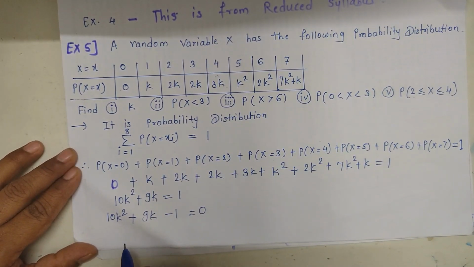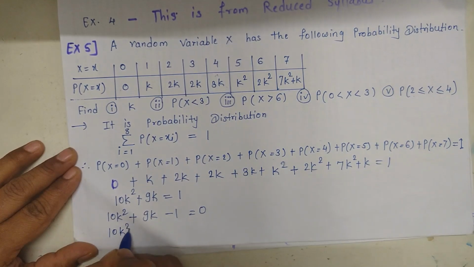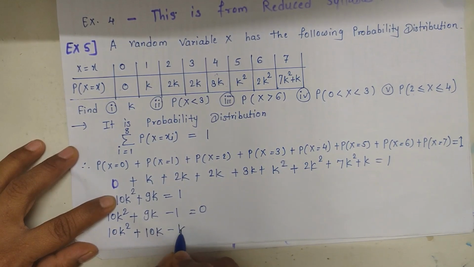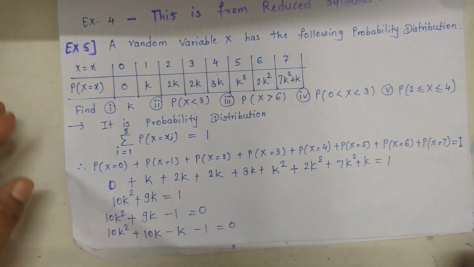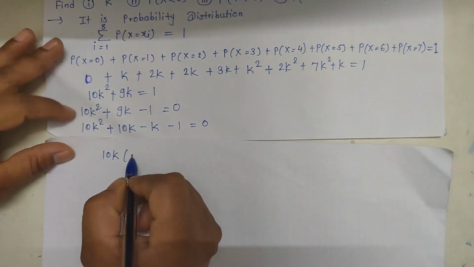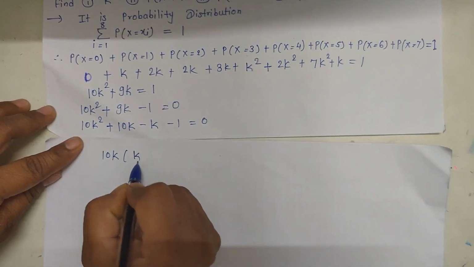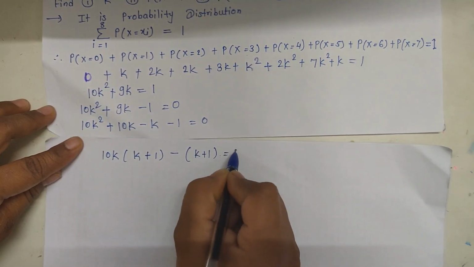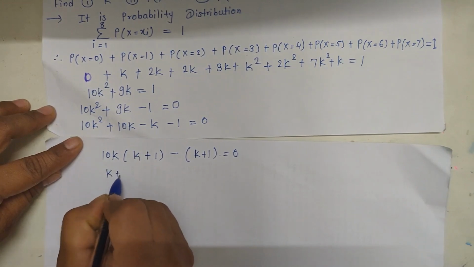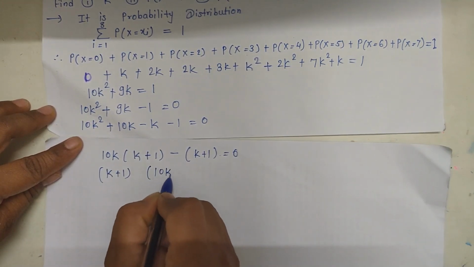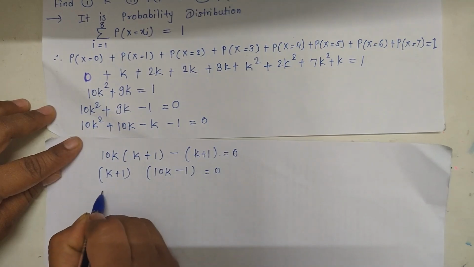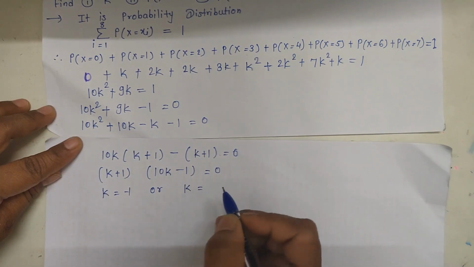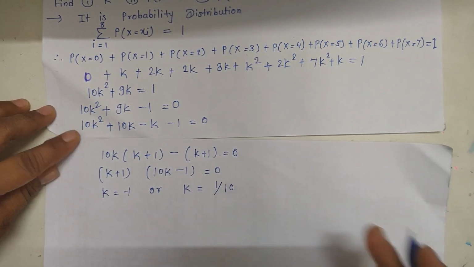So by using the factorization method, we can write 10k square plus 10k minus k minus 1 is equal to 0. So 10k from these two terms, then in bracket k plus 1, minus 1 times k plus 1 is equal to 0. So the first factor is k plus 1 and the second factor is 10k minus 1 is equal to 0. So we get two values: k is equal to minus 1 or k is equal to 1 by 10.